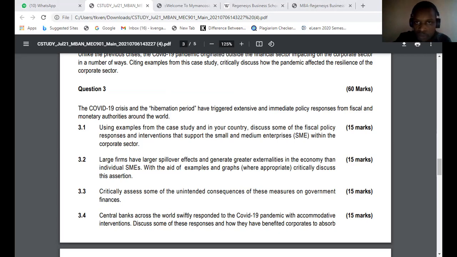Okay, sorry, just give me a minute. Let's see. Monetary policy, fiscal policy 2021 and 2020, Government of South Africa. What did the government do?